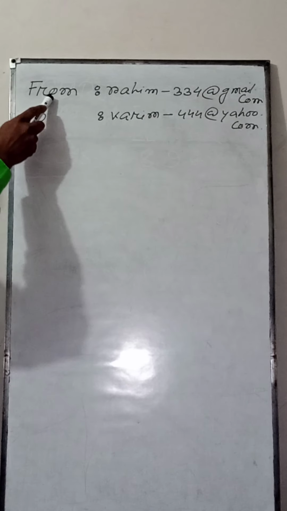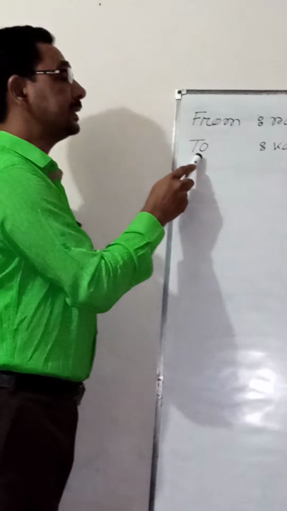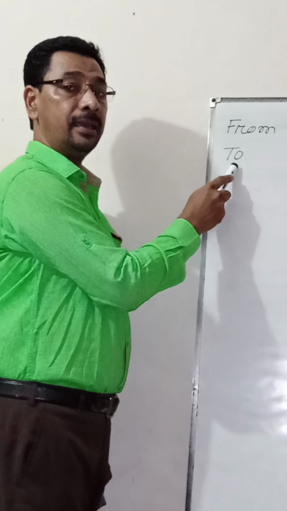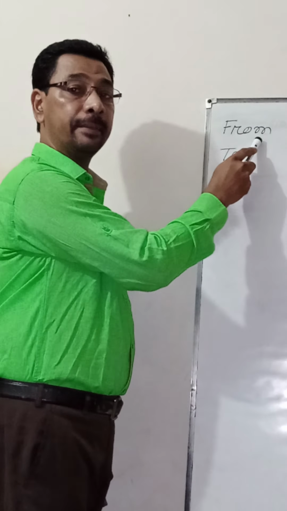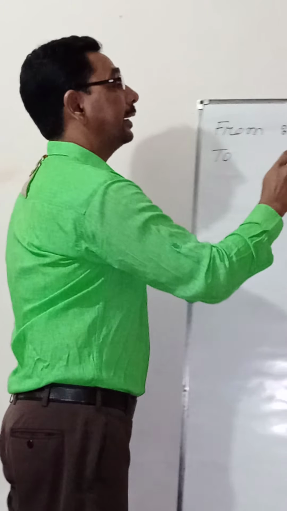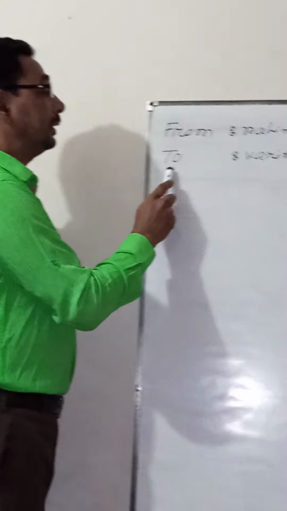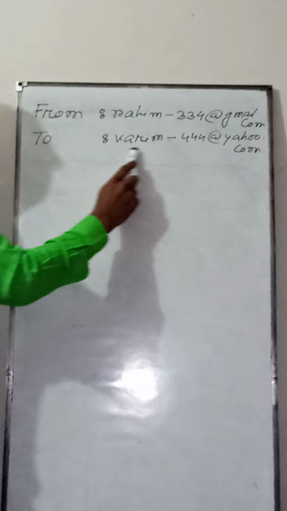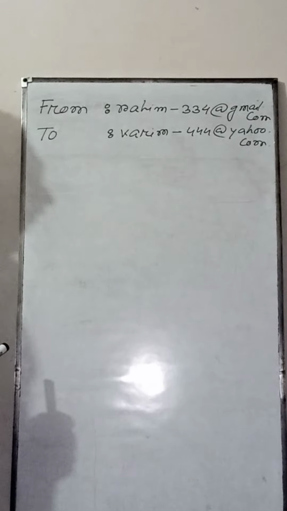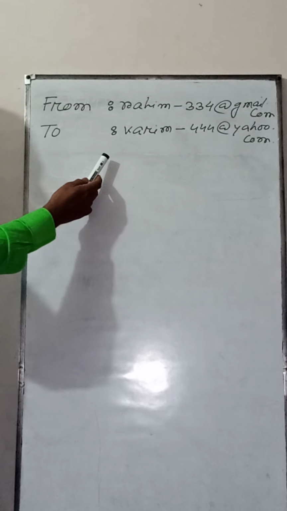This is the sender and this is the recipient. The person who will send the email, you have to write the email address at the top. The person who will receive the email, you have to write the email address in the second step. This is clear, I think.